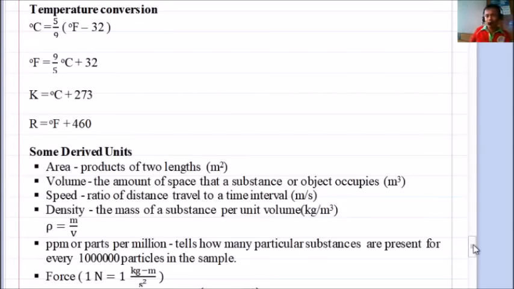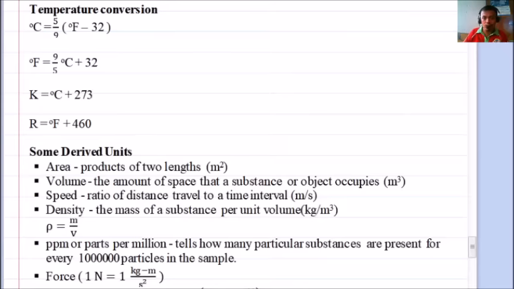Yung 32 naman kasi, alam natin na may kinalaman po yan pagdating sa Fahrenheit, di ba? And kung titignan natin nang maigi, yung temperature formula ng Fahrenheit, mas mataas kaysa doon sa Celsius. So, mas mataas po. Okay?